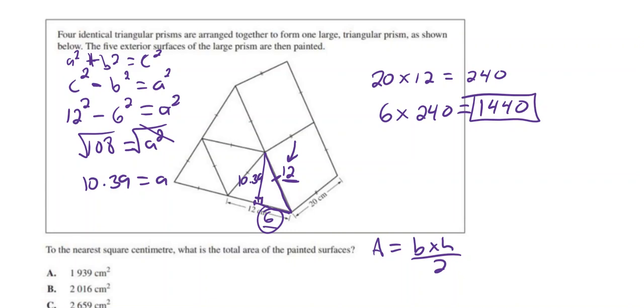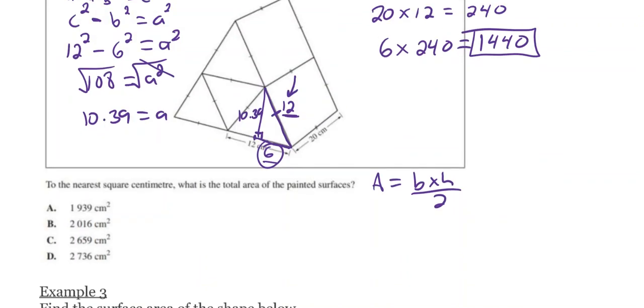So we're pretty good to go now, right? So now we can find our area. We can find the area of the whole thing. So the area of that triangle is going to have a base of, and I'm going to use 12, right? I'm going to use the whole base of the bottom. Okay, so 12 times the height of that, which was what we just found, 10.39 divided by 2.